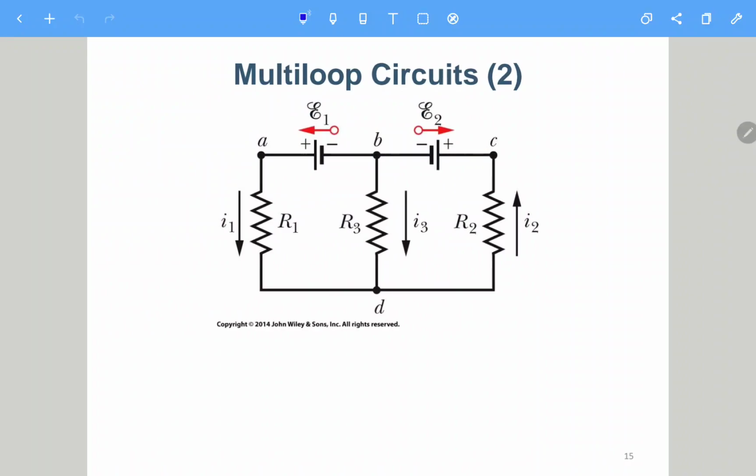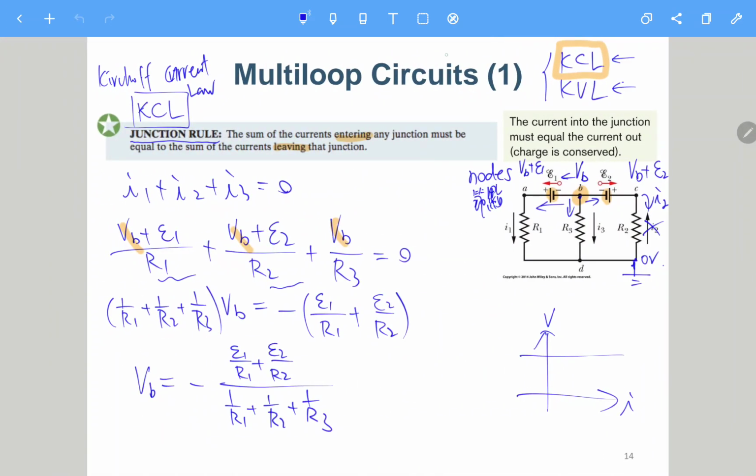Actually, we can also use KVL to solve this same circuit. When I learned circuit theory, using KVL was called mesh analysis, and using KCL we call node analysis.